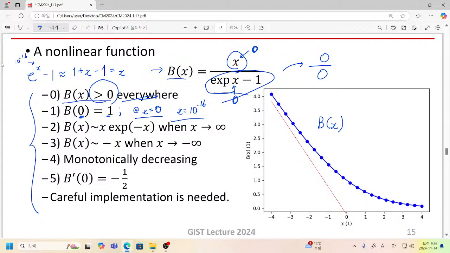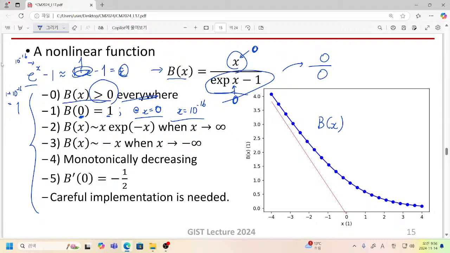However, if you insert, for example, 10 to the minus 16, then what will happen? First of all, your computer program first calculates exponential x. Then it will give you 1 plus 10 to the minus 16. But 1 plus 10 to the minus 16 is just treated as 1 in our double precision number system. So your result will be just 1, and 1 minus 1 becomes exactly 0.